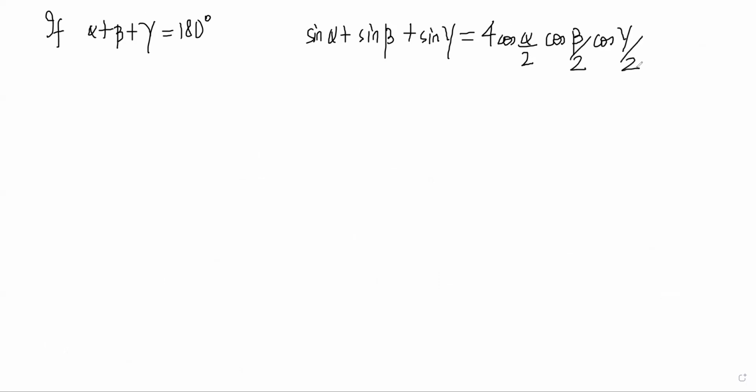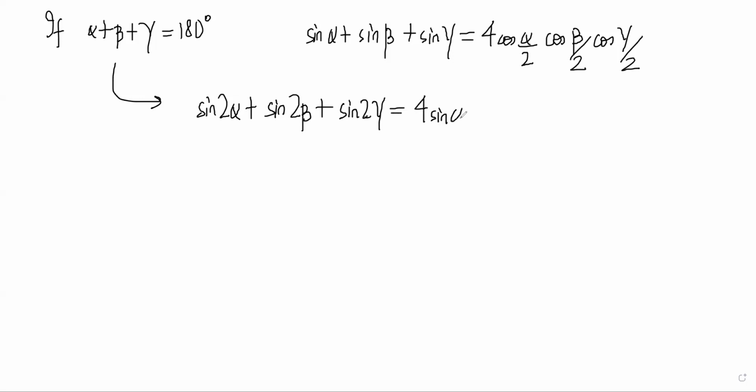This is an identity that is there in SL Loney, and it's a simple enough proof. You can do this yourself. And also you can show that sine 2 alpha plus sine 2 beta plus sine 2 gamma is equal to 4 sine alpha, sine beta, sine gamma.